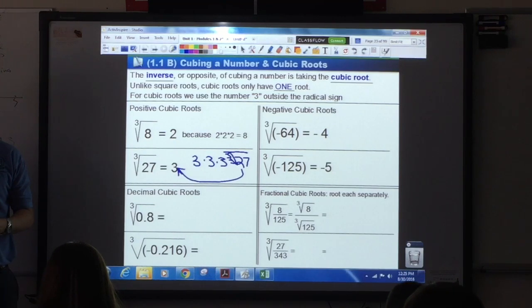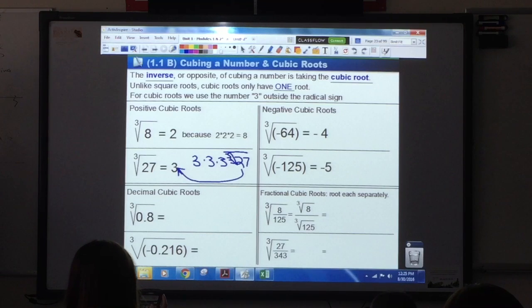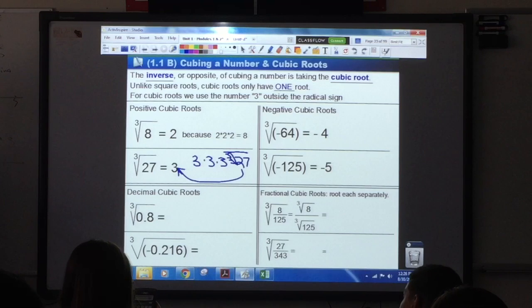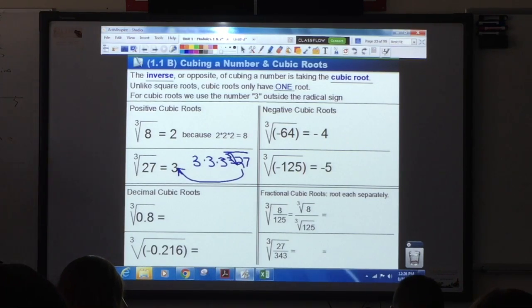We'll let you cycle through some problems. Everyone should be trying to see if you get the right answer. 0.8. Anybody have a different answer? I got 0.8 second yx 3 equals 0.928.